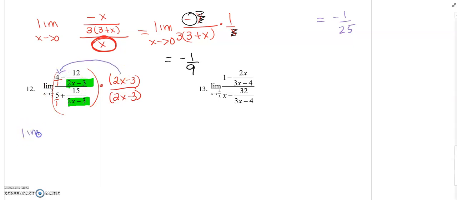So I have the limit as x approaches 3/2 of 4 times 2x minus 3. We're going to lose that fraction within the fraction right away. Oh, nice. Remember to always do legal math. There's nothing that can divide out to 1 now. I don't have any GCFs going on. You can only do that with GCFs.